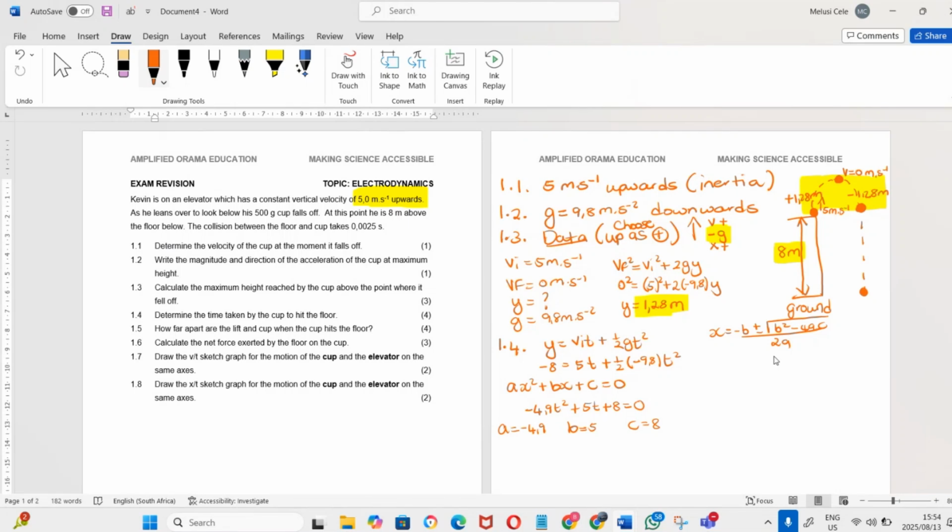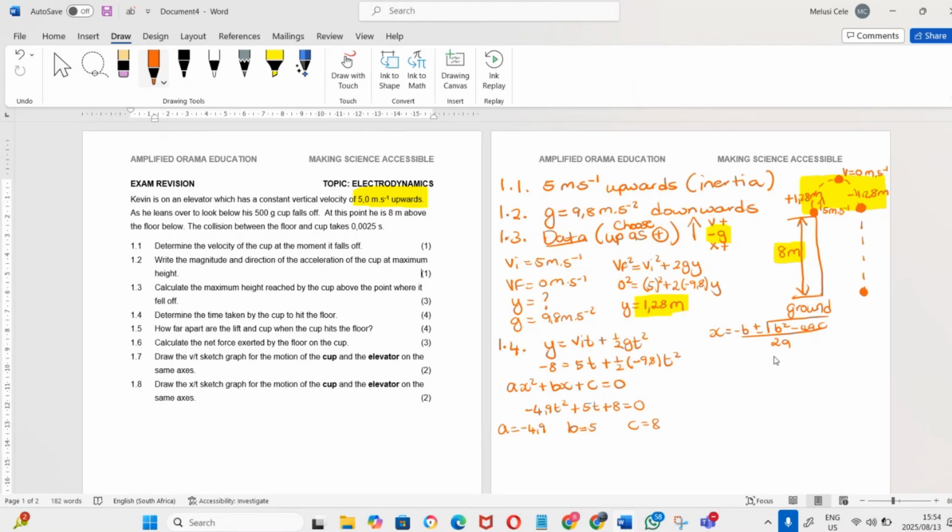So I'm going to go shift mode. Let me just put that in. Shift mode, then the equation is number 5. Then I'm going to choose the quadratic equation option 3.